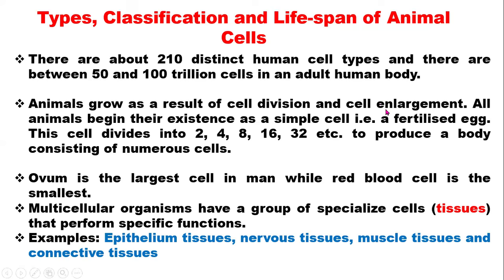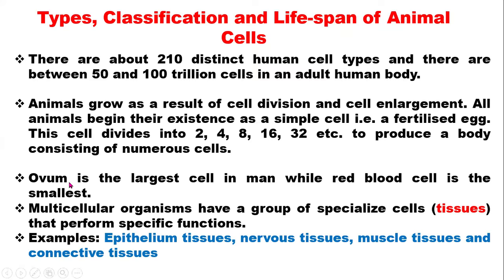We can say we have fertilization. After that, you can have cell division, which is going to be 2, then 2 to 4, 4 to 8, 8 to 16, 32, etc., which produces a body consisting of numerous cells.